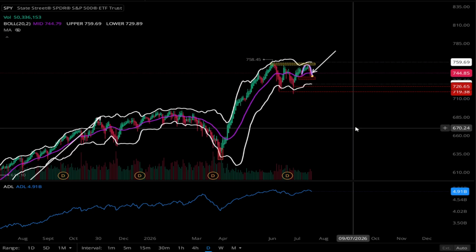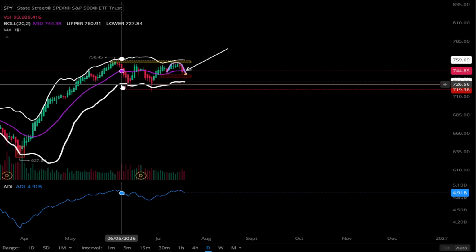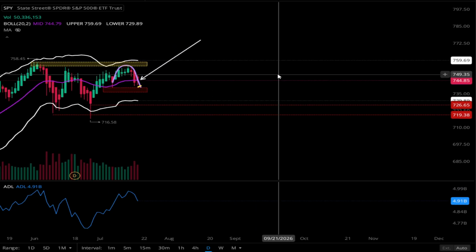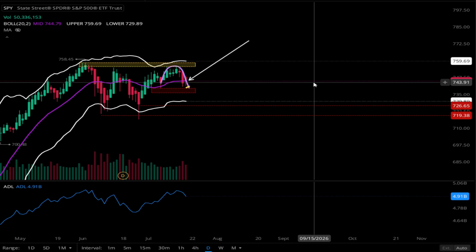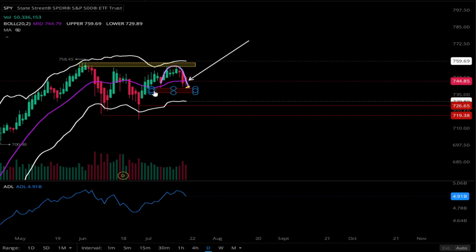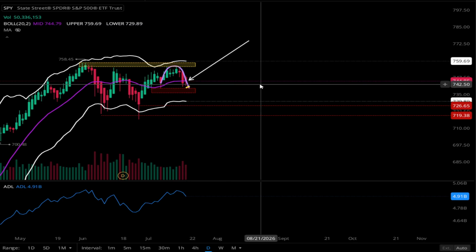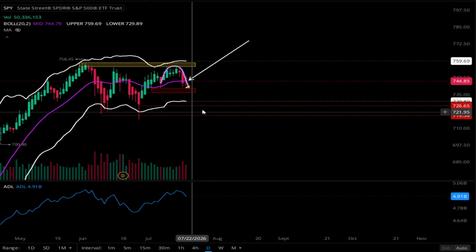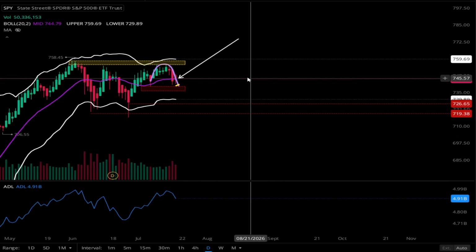But again, that 726 aligns very, very well with what we're seeing with the lower Bollinger here. The daily lower Bollinger is currently at 729.89, and pulling into that 726 would pull us below the lower Bollinger, which is what we do expect if we're going to get that lower Bollinger move towards the downside. Okay, so that's aligning very well.